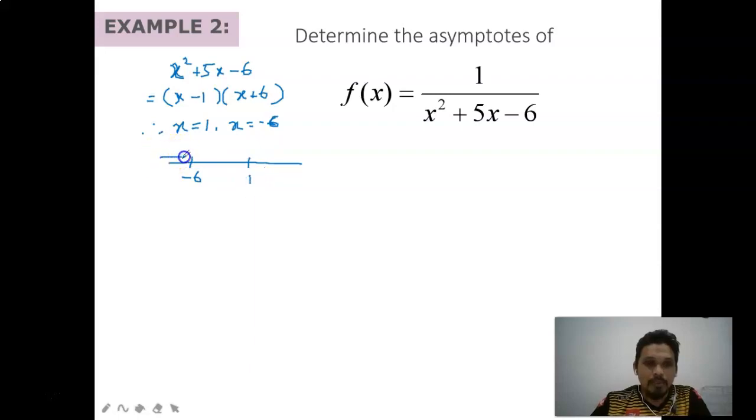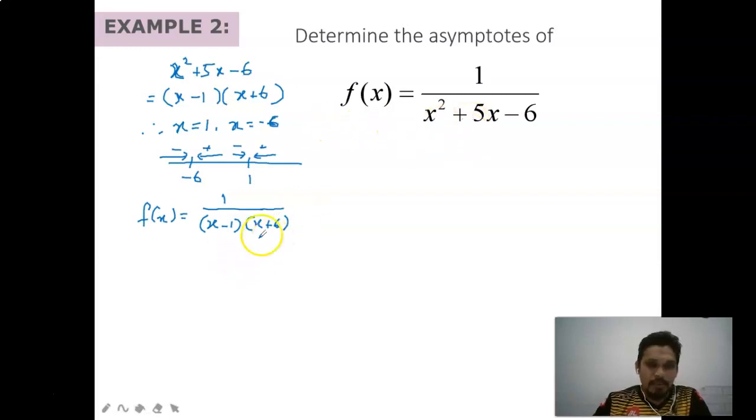So we consider x approaching negative 6 from the left and from the right, and x approaching 1 from the left and from the right side. For this one here, f(x) equals 1 divided by (x minus 1)(x plus 6).